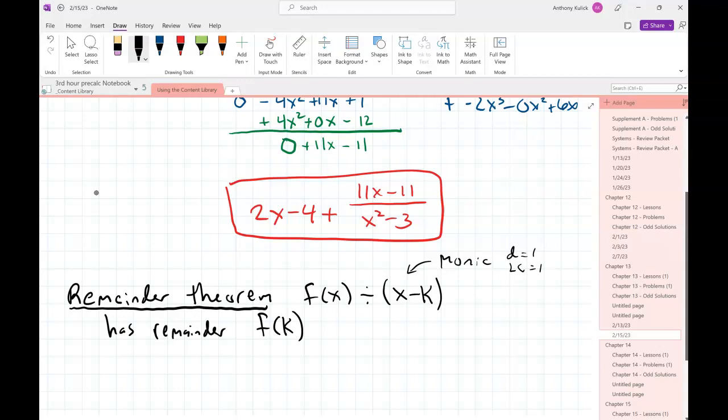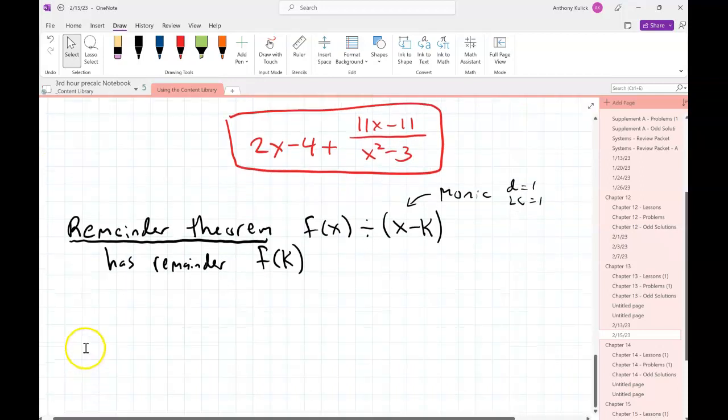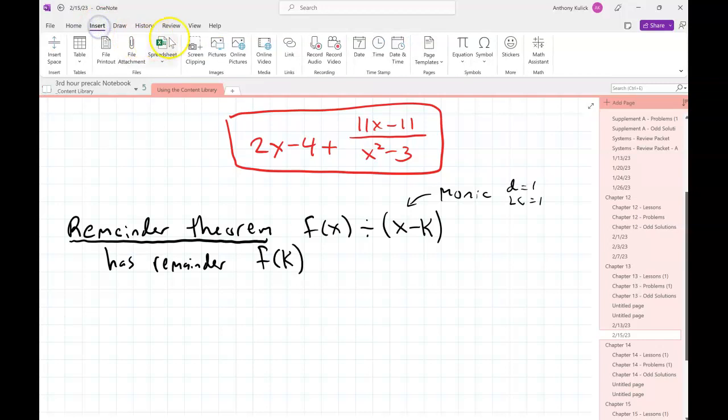Then the remainder of f of x divided by x minus k is going to be the same thing as f of k. So I can plug in the value for k and just evaluate the function, and whatever that number is will be the same as my remainder. Monic, yes. That's just a vocab word for that kind of polynomial.